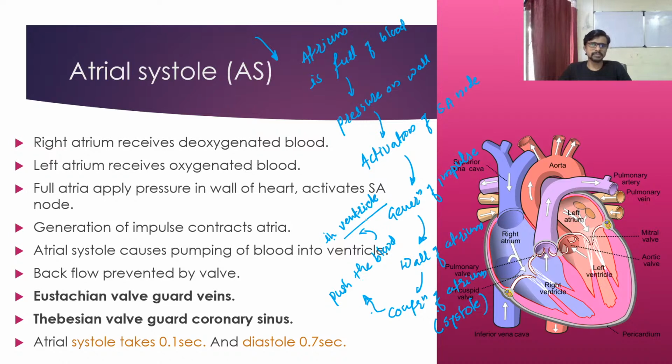One is pushing the blood into the ventricle, and the second is the opening of a valve, which is also very necessary. It is the valve placed between the atria and the ventricle. That valve is called the tricuspid valve at the right side, and the mitral valve or bicuspid valve at the left side. So there are two compartments, so two valves are there.